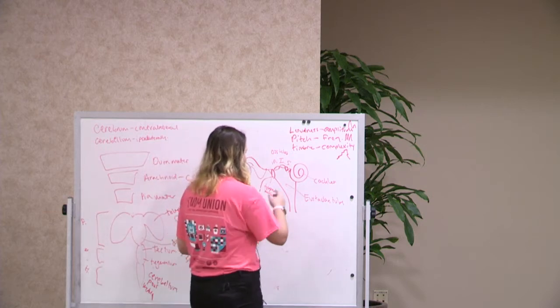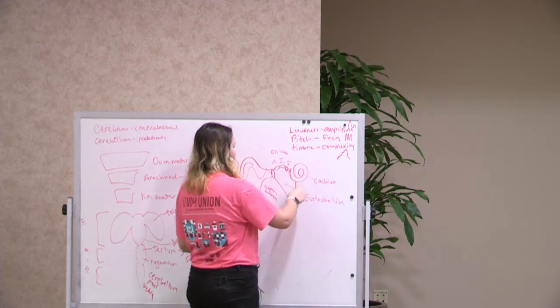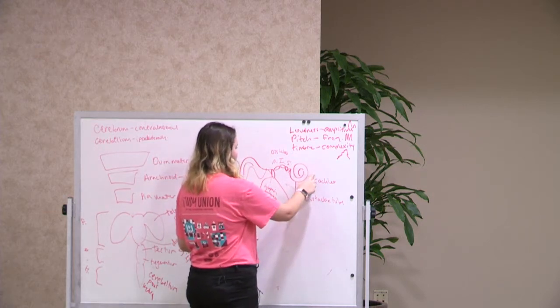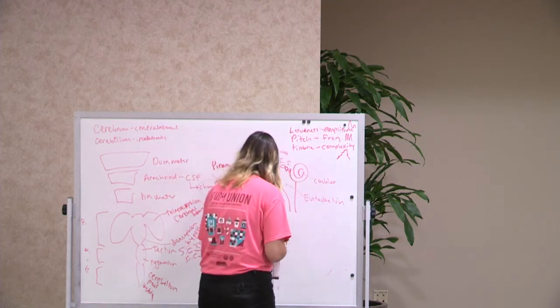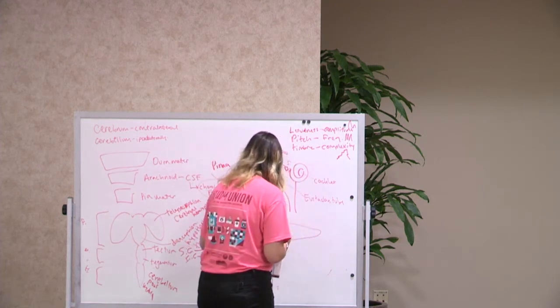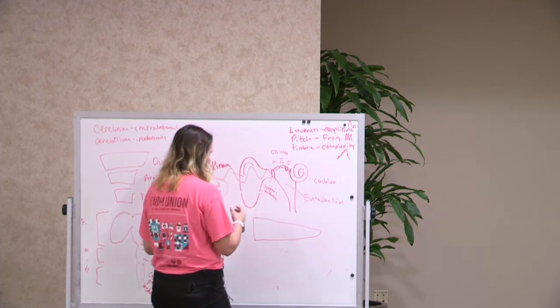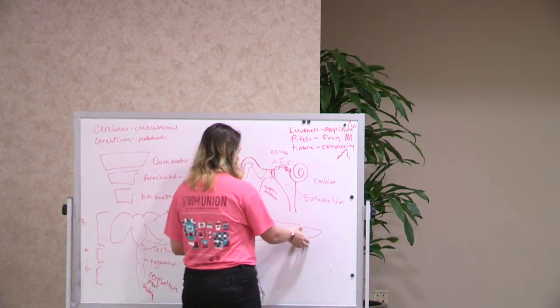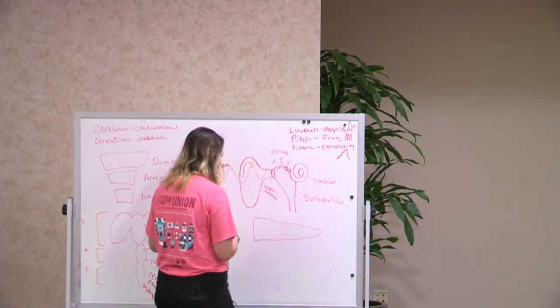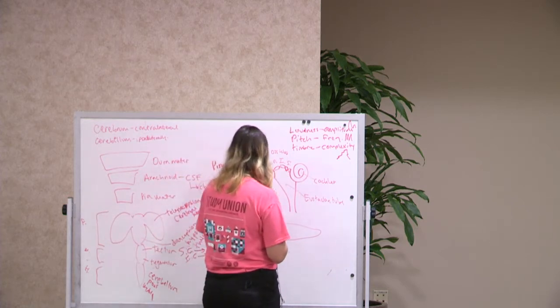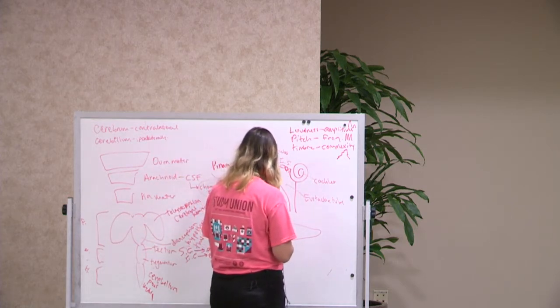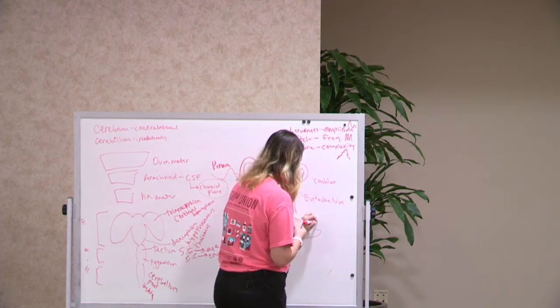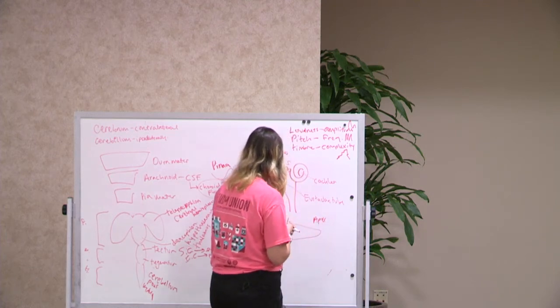Now, since this cochlea is coiled, we can uncoil it. And it'll look something like that. It's wider here and then narrows out at the very end. The beginning part of the cochlea is called the base, and the end point is called the apex.